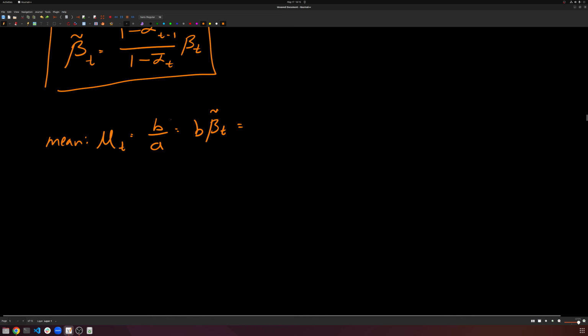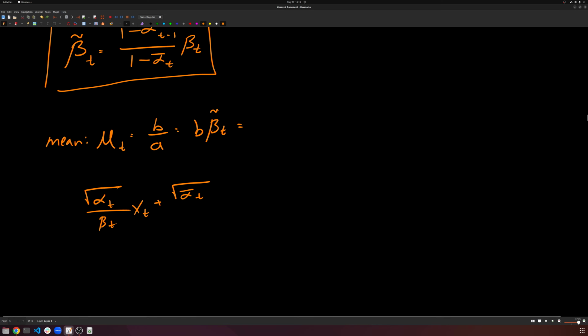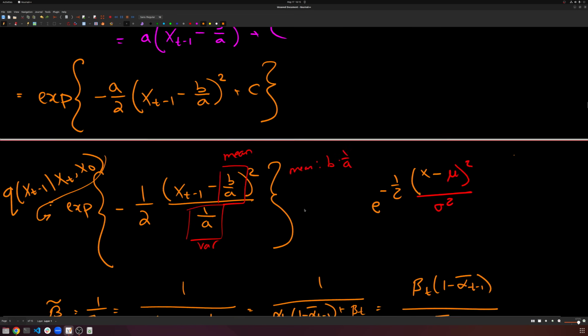So let's go ahead and write everything. So we have the square root of alpha t over beta t times xt, plus the square root of alpha hat t minus 1 over 1 minus alpha hat t minus 1, times x0. Let's just make sure I copy that.